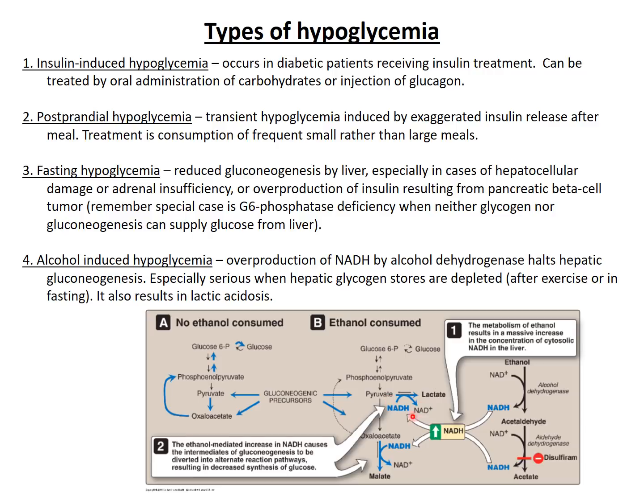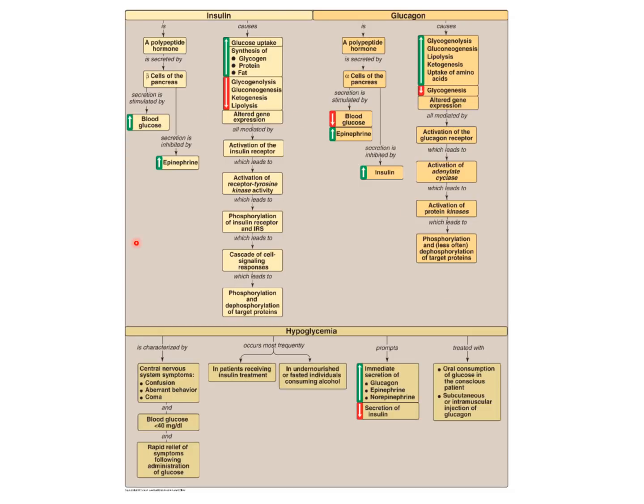It is especially serious when you have already depleted your glycogen stores with exercise or fasting, and now you drink alcohol in a larger amount, which will stop gluconeogenesis, so your body will not have the resources for glucose because the liver will not produce glucose. Now, this is the summary of this first section that I talked about: the effect of insulin, glucagon, the different pathways, and the different examples of hypoglycemia.